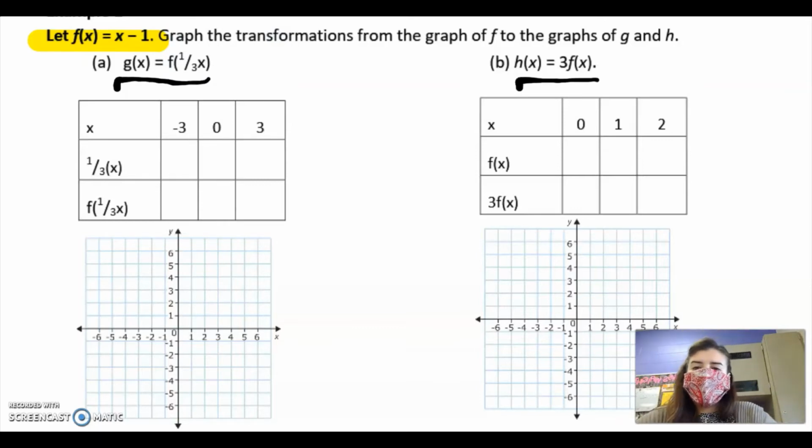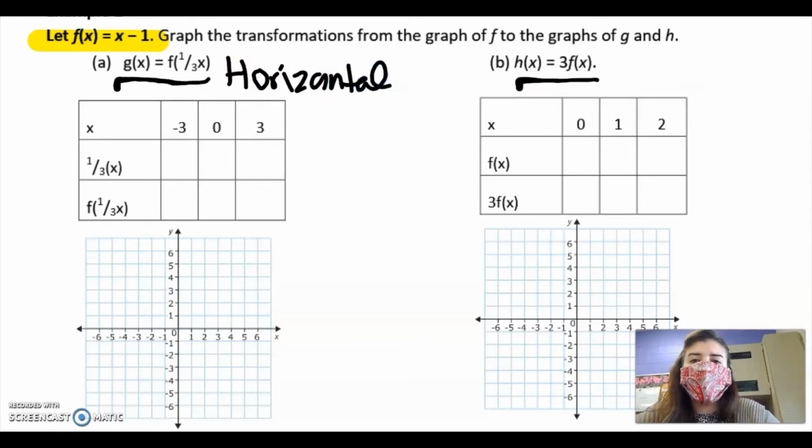Looking at a, we have 1/3 times the x, so it's multiplying x, so we automatically know it is horizontal. Now is it a shrink or a stretch? Well, that is a fraction.